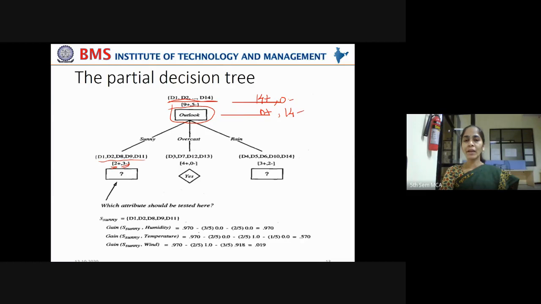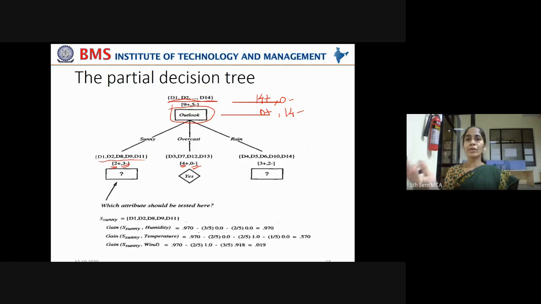Now, how many of them are classified as positive and how many of them are negative? D3, D7, D12, D13. Total 4 training examples are having outlook value as overcast. Out of them, all 4 are positive examples. There are no negative examples. It means whenever the outlook value is overcast, on all the days tennis is played, there is a perfect classification given there.